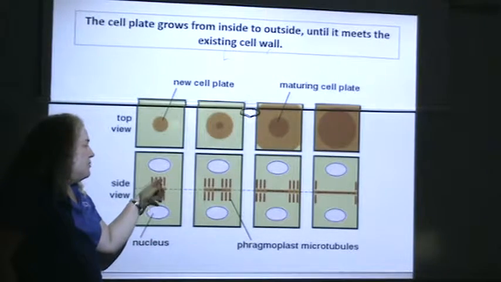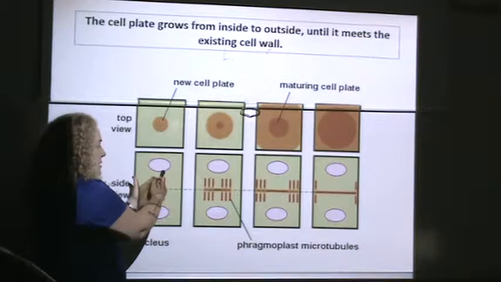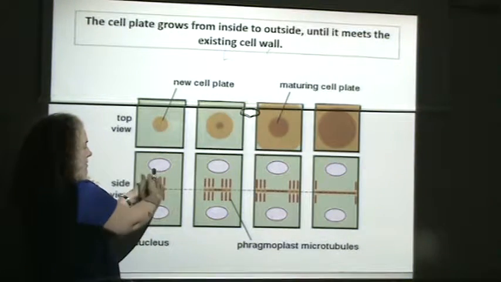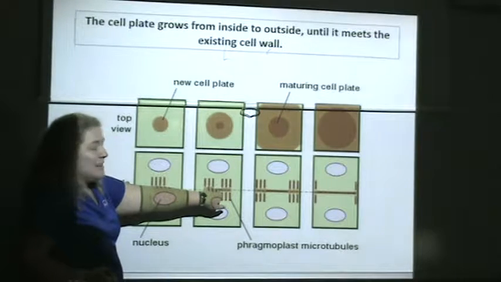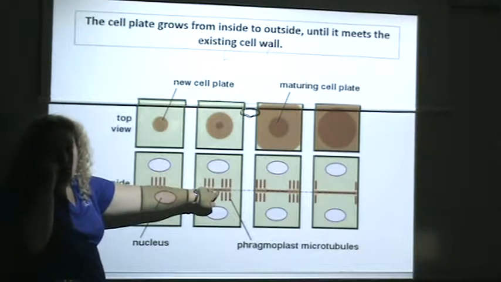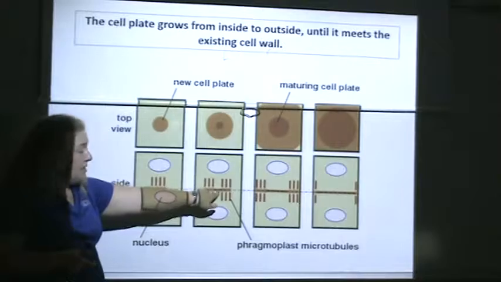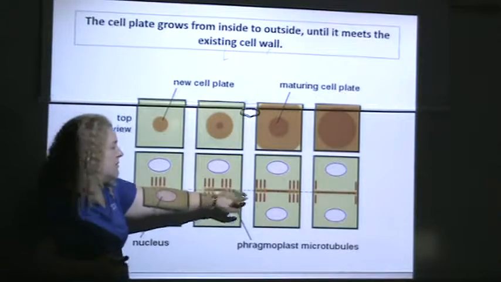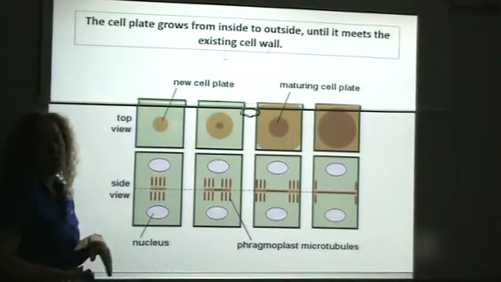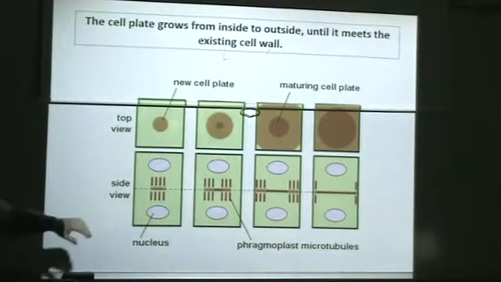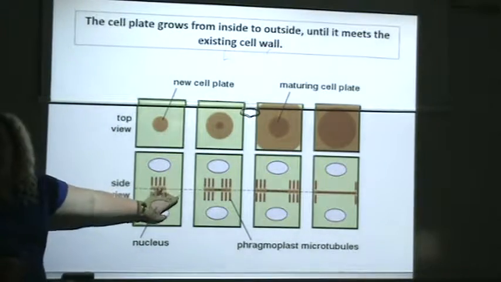You see microtubules also disappearing from the inside out. So they're shown in the red. They're not needed anymore once you have cell plate forming. It's got enough material, it has to be strengthened. So microtubules also proceed from inside out until they disappear. And you can build this new wall.